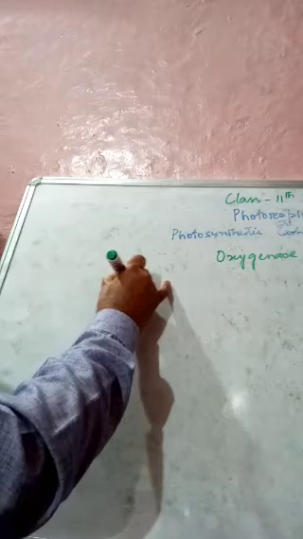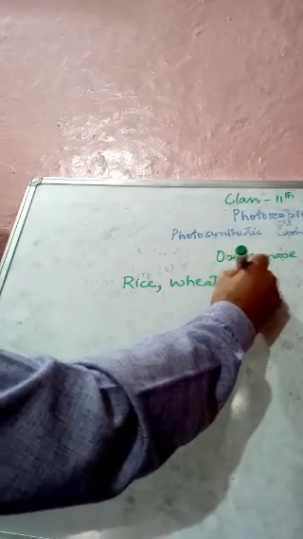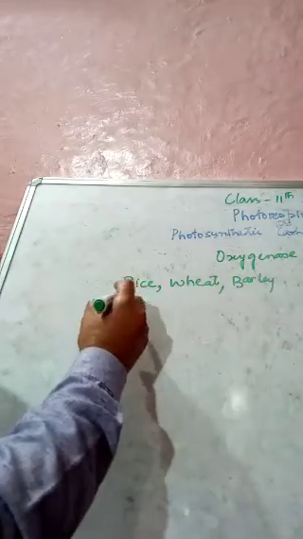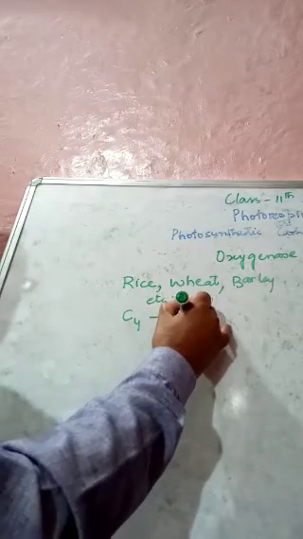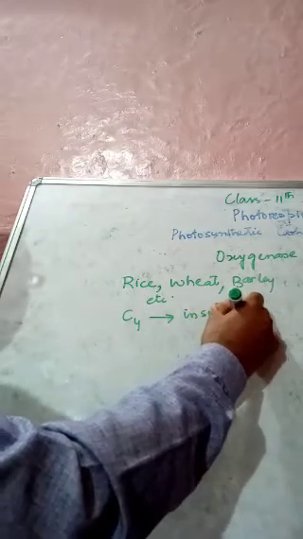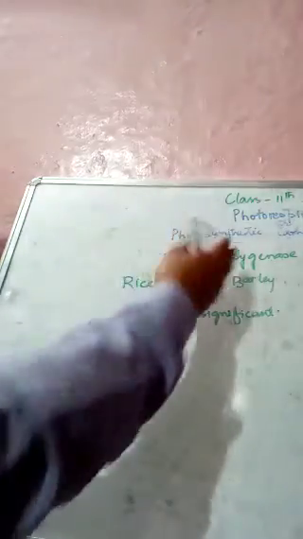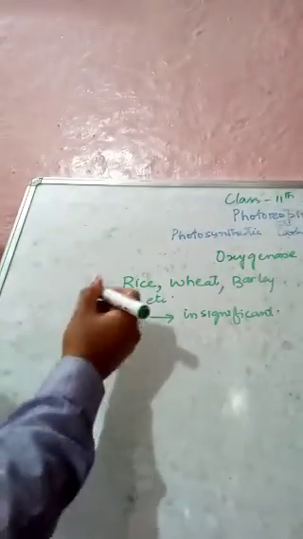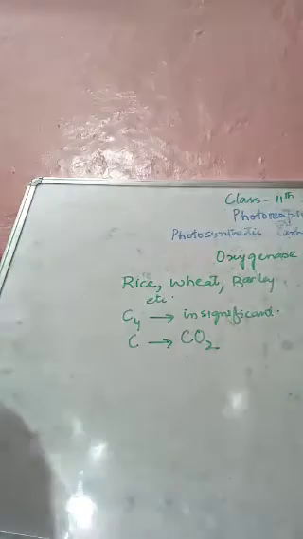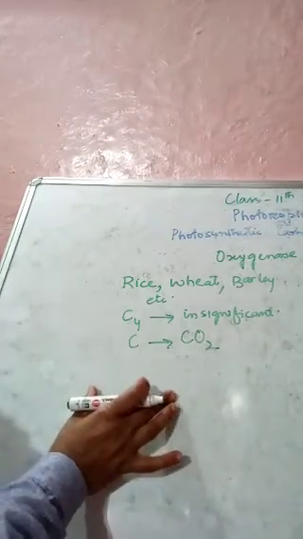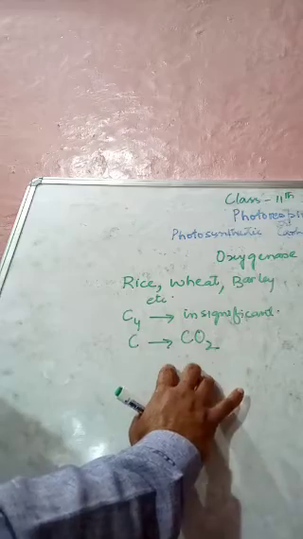You can give the examples rice, wheat, barley, etc. In C4 plants, this whole process is insignificant and is not found. During photorespiration, the loss of carbon takes place in the form of carbon dioxide.